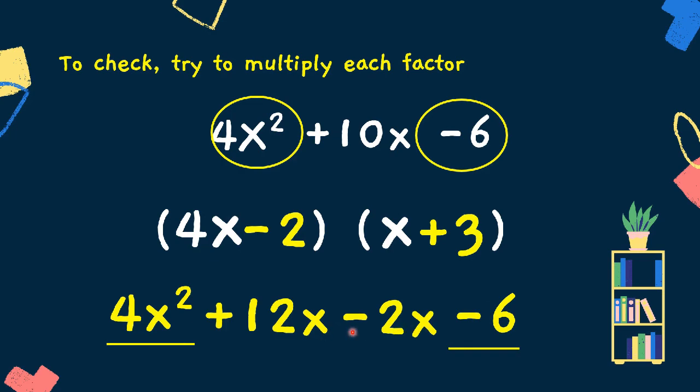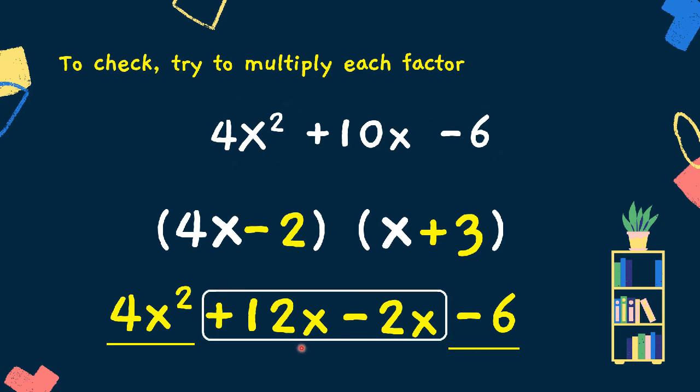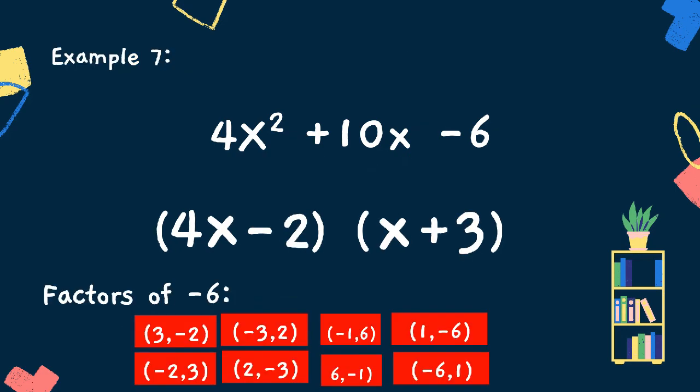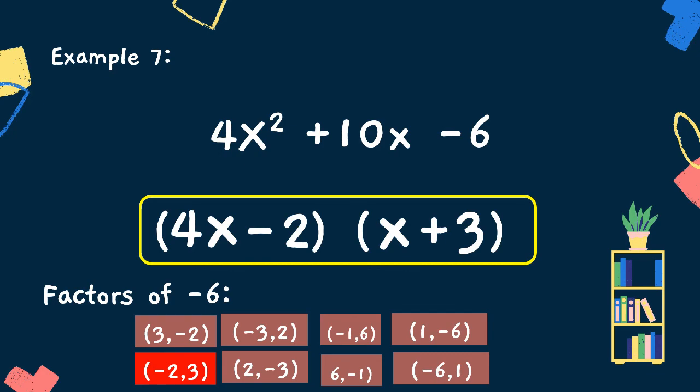We combine like terms to see if it matches the second term: 12x minus 2x is equal to positive 10x. It matches with the second term of our given polynomial. Therefore, we have found the real factors of our given polynomial, which are 4x minus 2 and x plus 3. So these are the factors that we are looking for.